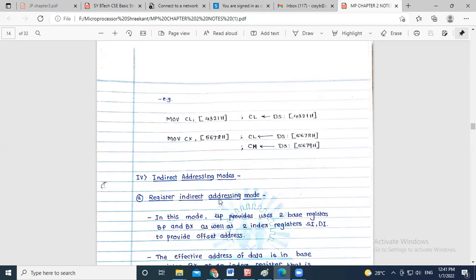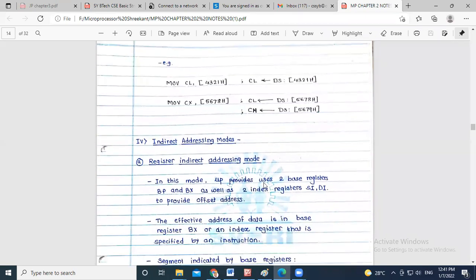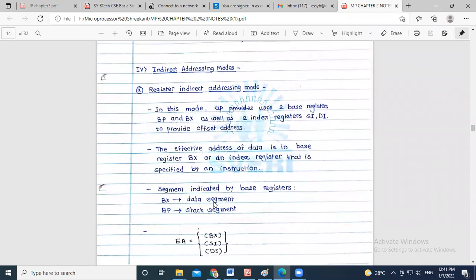Indirectly to the source location, that is nothing but indirect addressing mode, through the register, so it is register indirect addressing mode. In this mode, the microprocessor uses two base registers, the base register BX and base pointer BP, as well as two index registers, source index and destination index, to provide the offset of addresses.